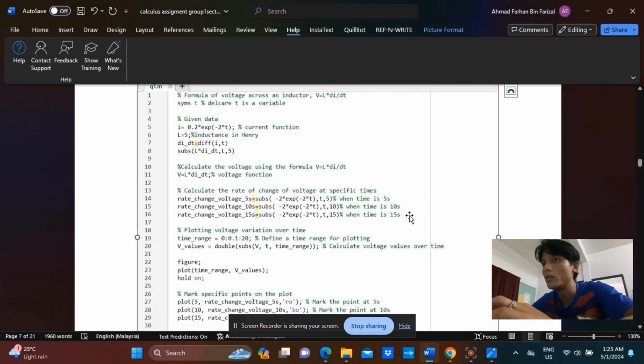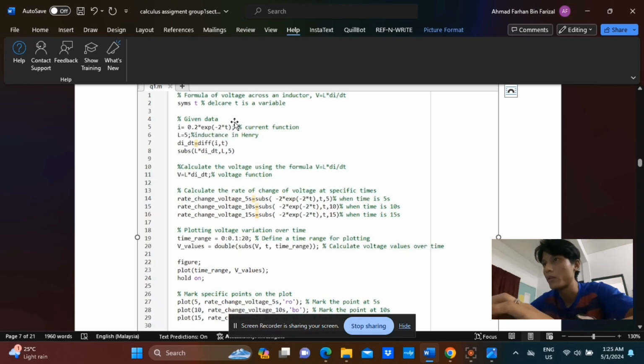Okay, now I will explain how we got the answer using MATLAB. So like you can see here, we declared t as a variable. Then from the question we got this data, which is I equal to 0.2 exponent the power of negative 2t.